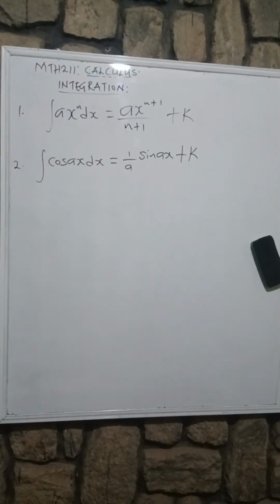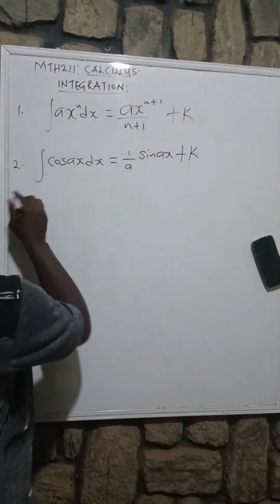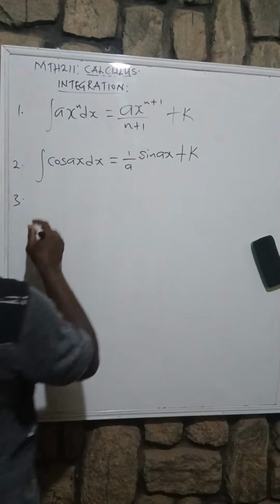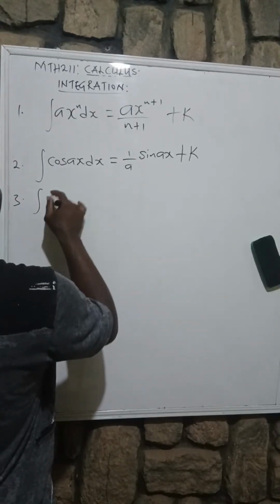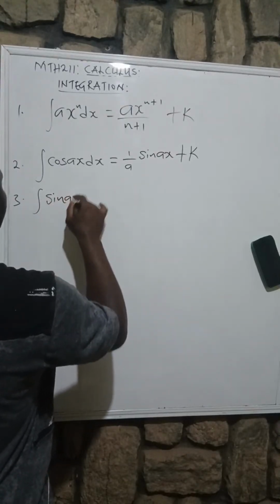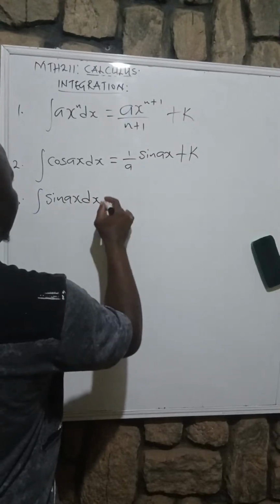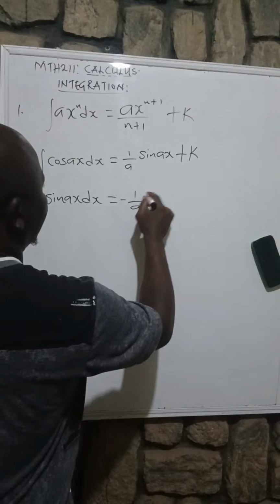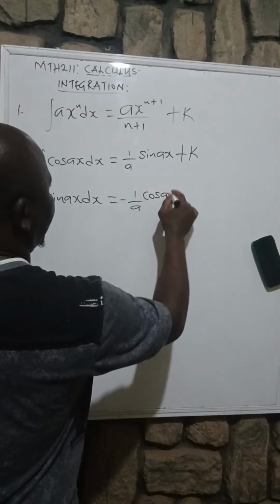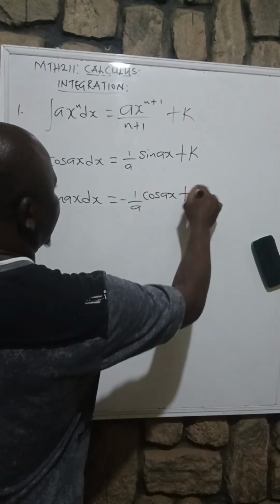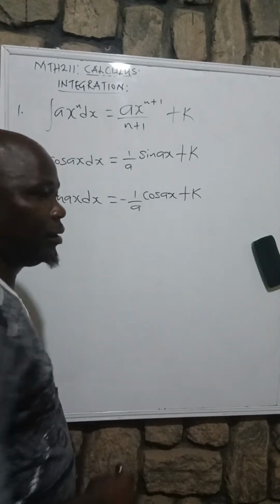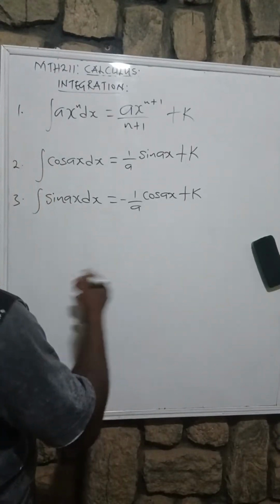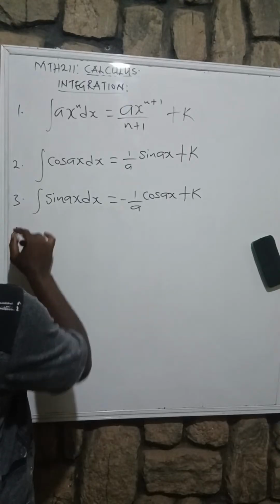Okay, so let's proceed. Likewise, these ones you need to put them in your head. If you integrate sine ax dx, you're supposed to have minus 1 all over a cos ax plus any constant. Not necessarily k, could be b or 4.